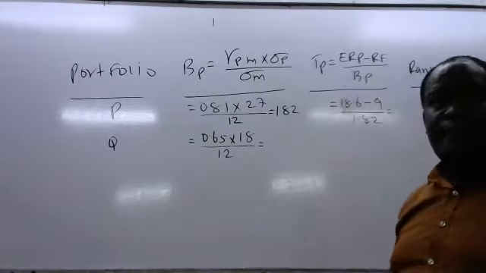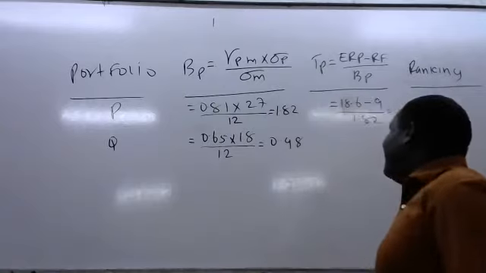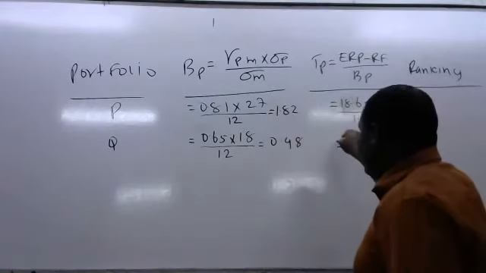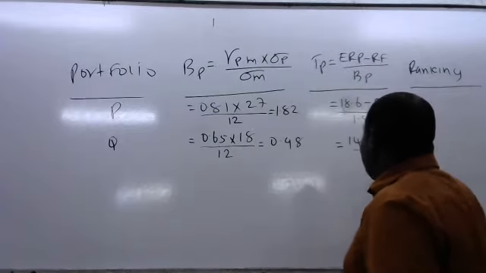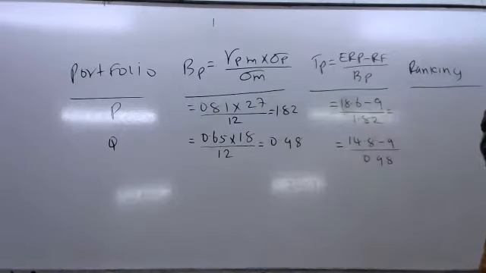That gives 0.98. Now you can see the expected return for that portfolio. It is given as what figure? 14.8, also minus 9. We now divide by what? 0.98. So that is now for Q.